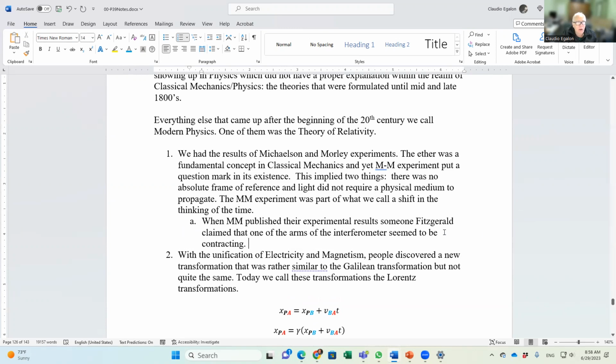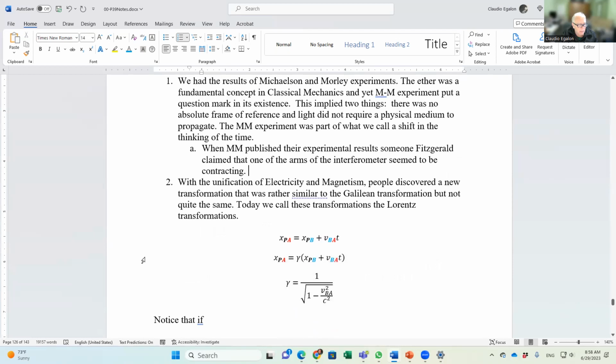But it was Fitzgerald who was saying that, not Lorentz. Fitzgerald was kind of a non-physicist at the time. So when he came up with this idea, people started scoffing at his suggestion, until Lorentz came about and said, look, this transformation here allows for the Fitzgerald contraction.